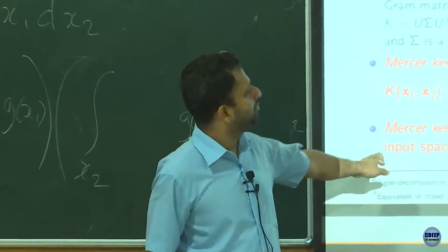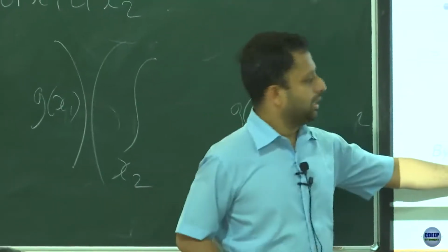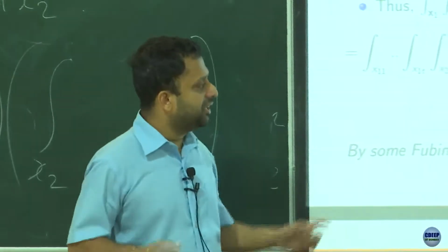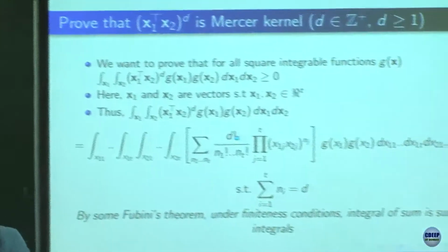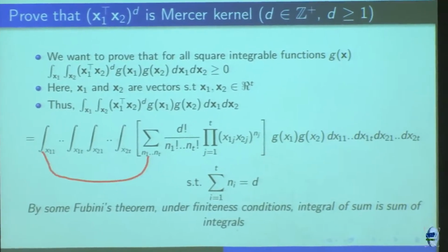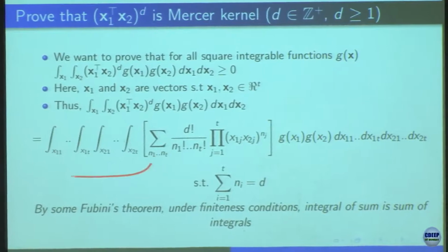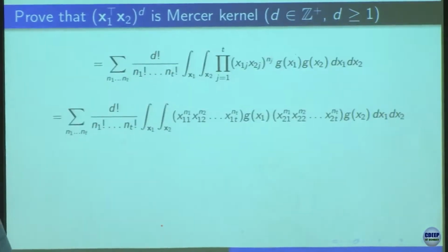Okay, so that's why I spent some time on the previous one. Under finiteness conditions, the integral of a sum is the sum of integrals under Fubini's theorem, and because of that theorem I can pull the summation outside. Now the same principle I am going to apply here.